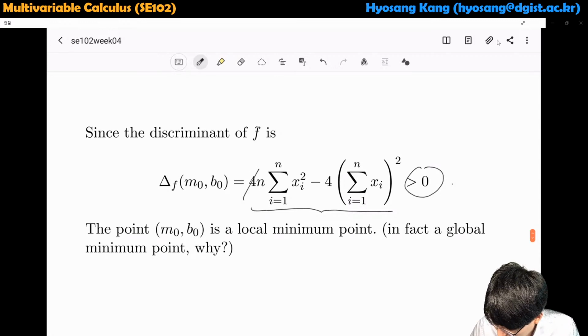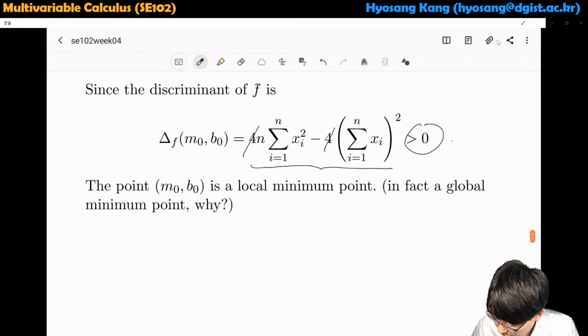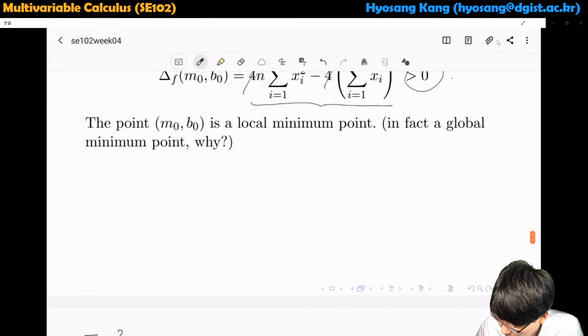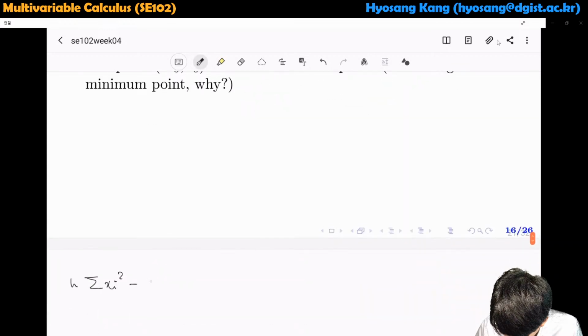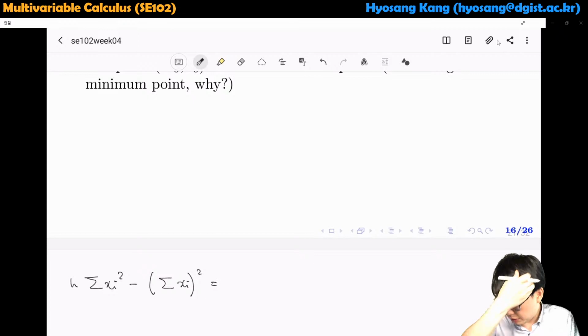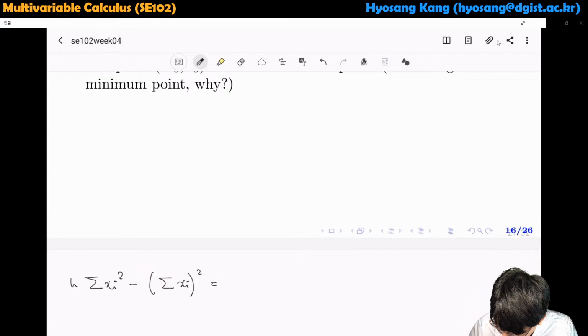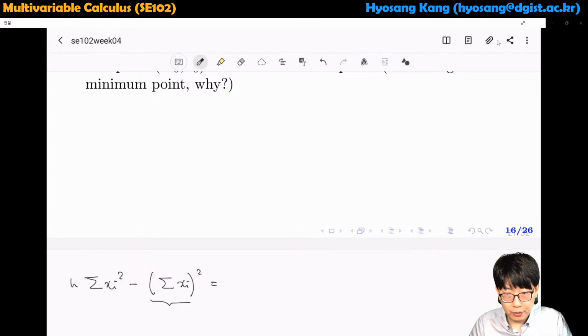So let's take this 4 out. So we have n Σxi² minus (Σxi)². Okay. So the problem is here. We have a square of the sum, not a sum of squares.